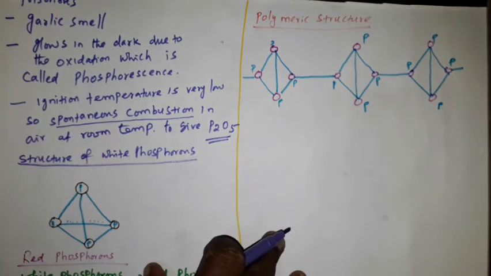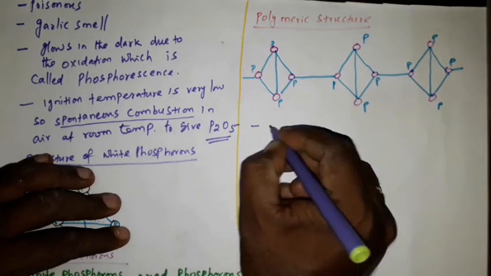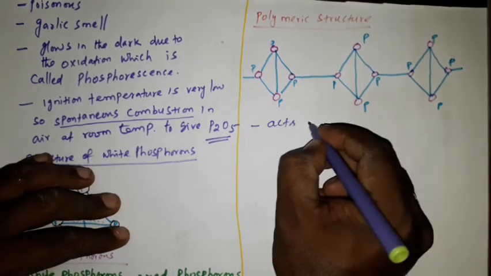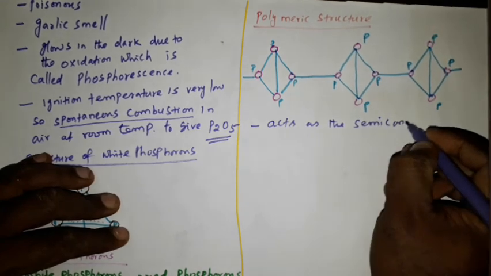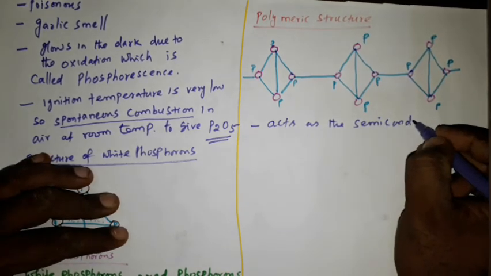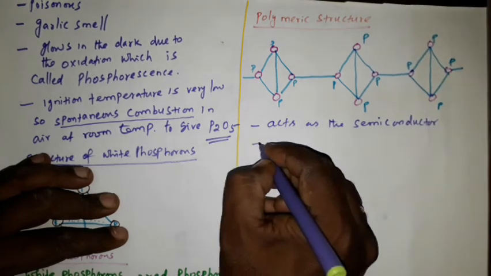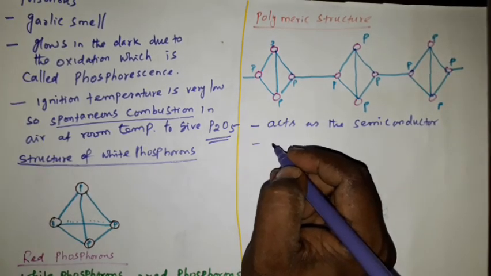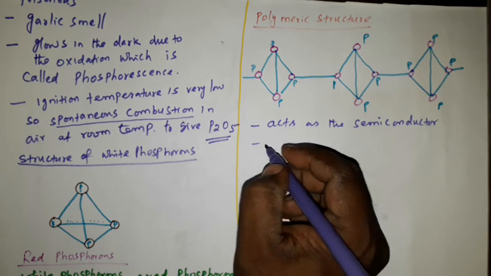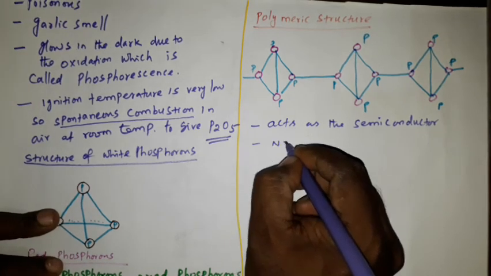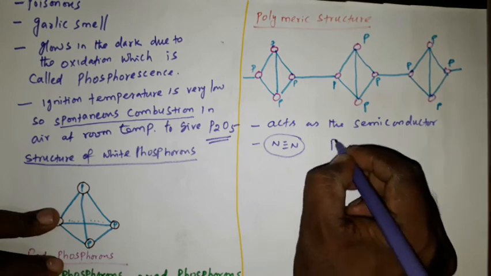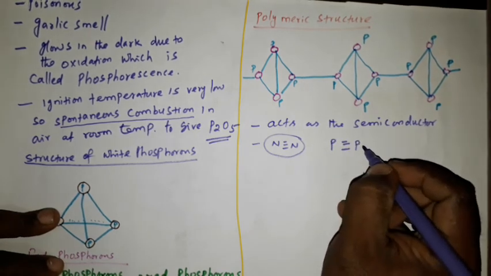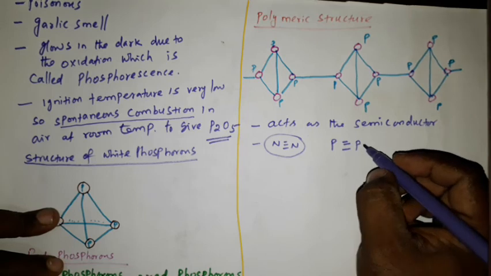Then this red phosphorus acts as a semiconductor. Like nitrogen, which has a triple bond, unlike nitrogen, phosphorus can also form a triple bond, but it is least stable.